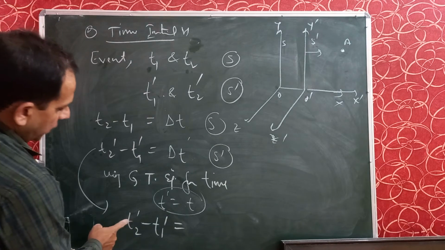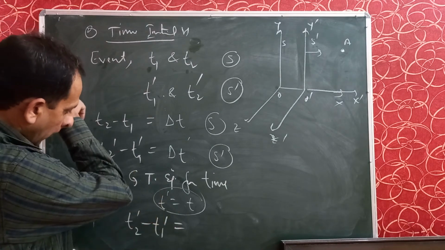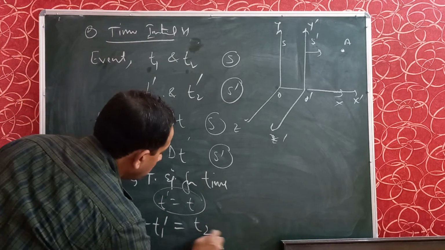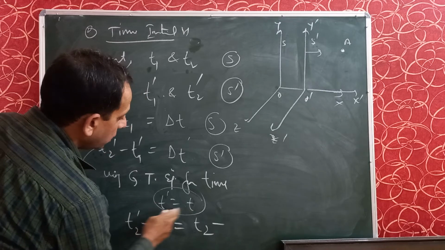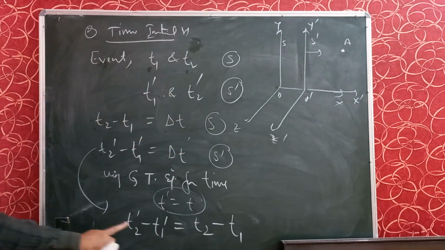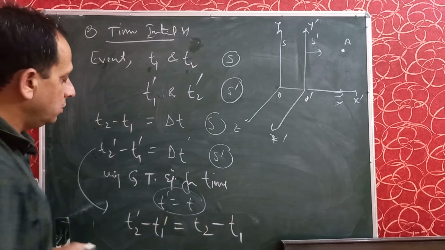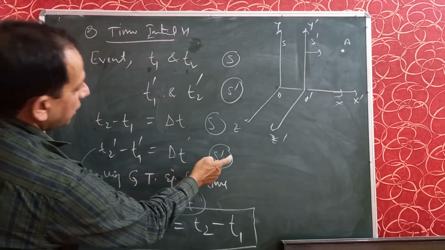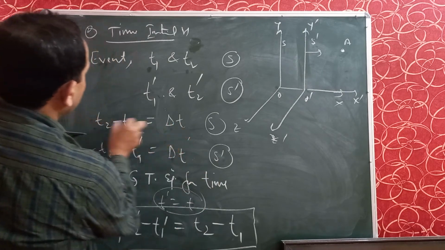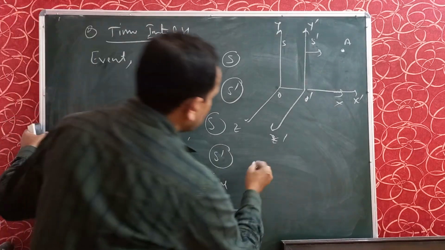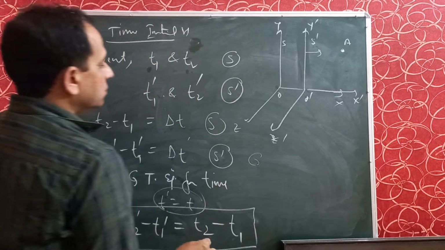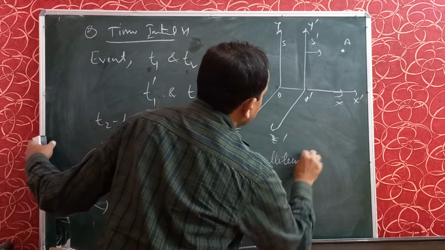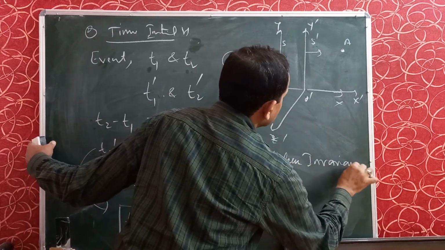Now t2 dash, as we know from the Galilean equation, t dash is equal to t. It means t2 dash is also equal to t2, and t1 dash becomes t1. So the time interval in the S dash frame is the same as the time interval in the S frame. So again, it is invariant under Galilean transformation, also called Galilean invariance.